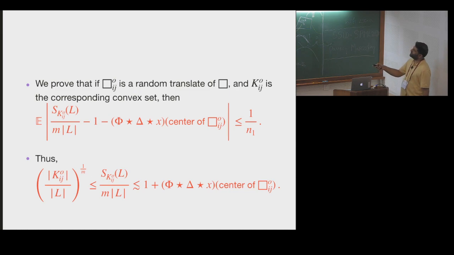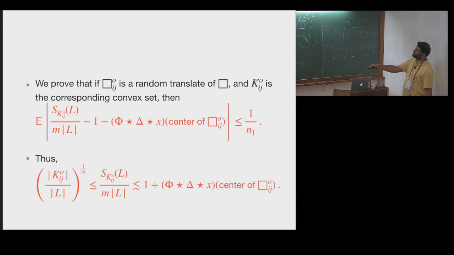Okay, so then if this is chosen in the right way, it turns out that an isotropic surface area normalized is rather close to this expression. You take this to the 1 by n.